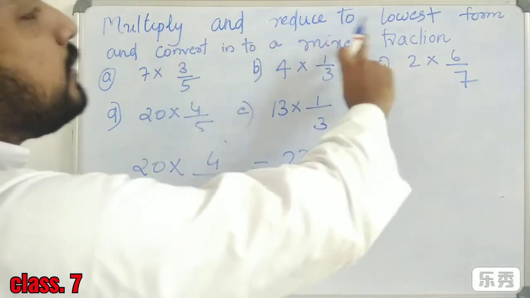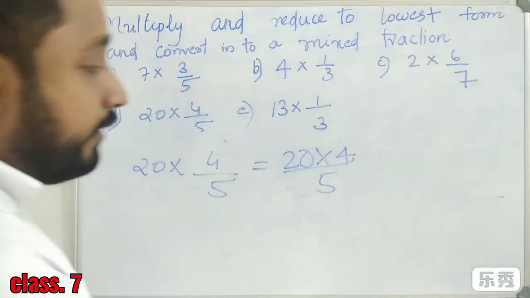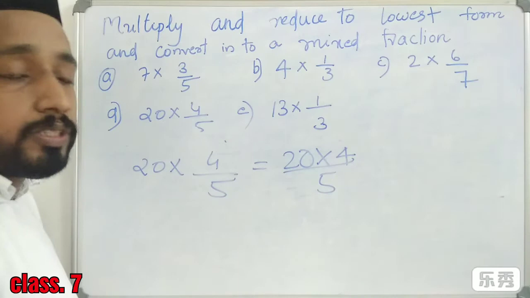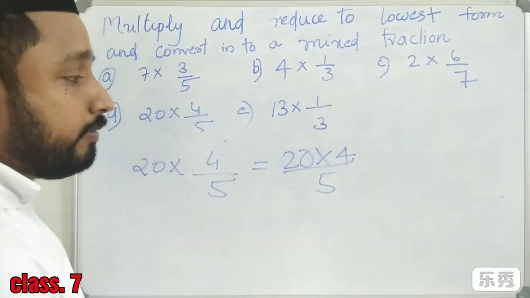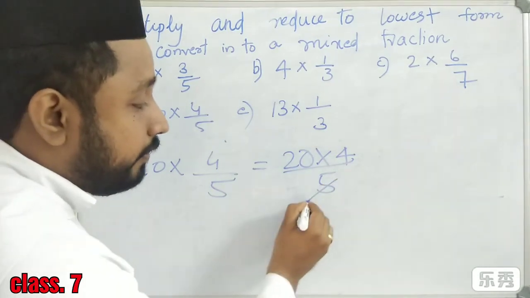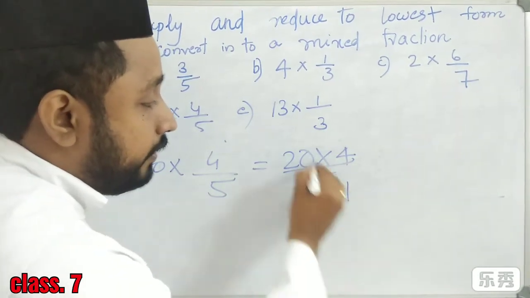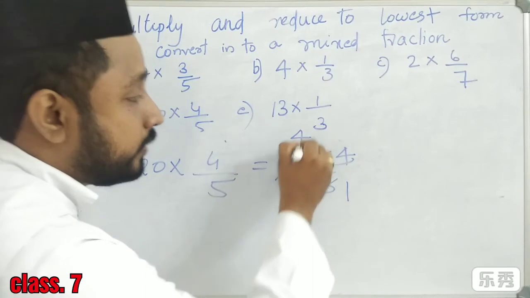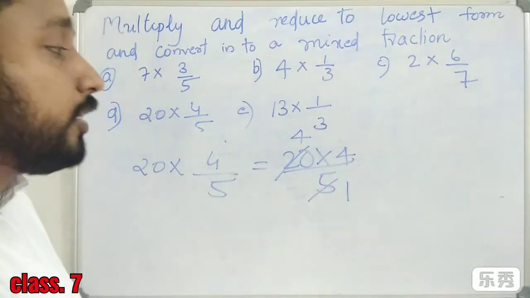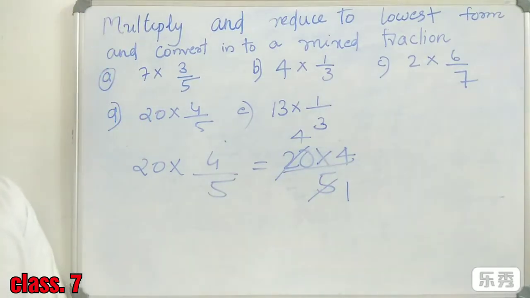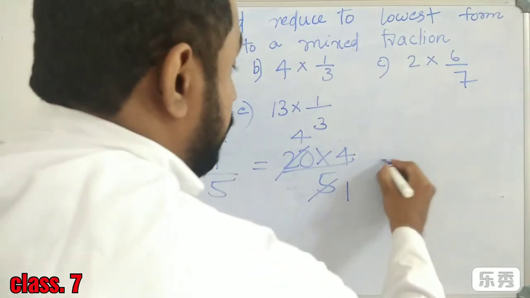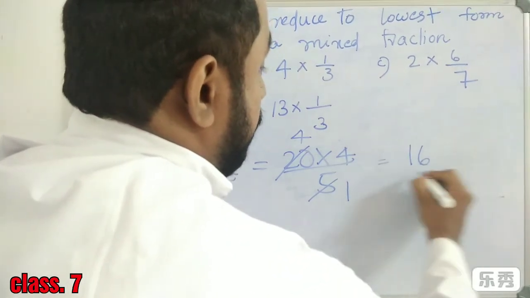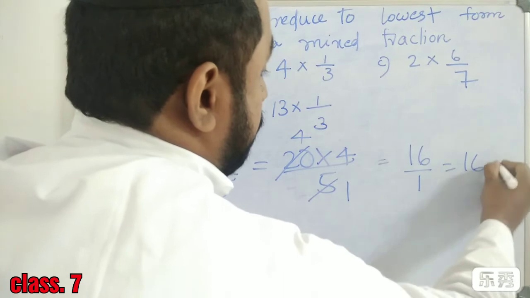Our first step is to reduce to the lowest form. We can divide with the 5: 4 times 5 is 20. So we can cut with the 5. So we got 4 into 4 by 1, which is equal to 16 by 1, which is equal to 16.